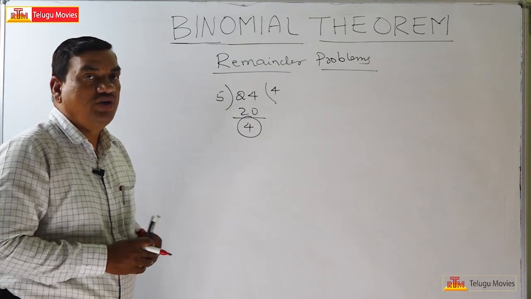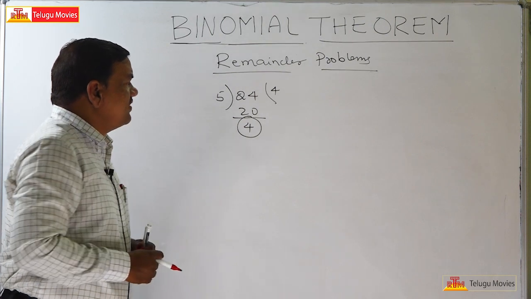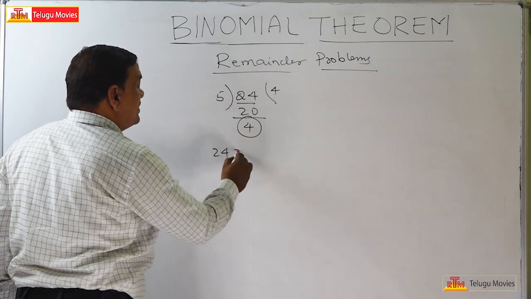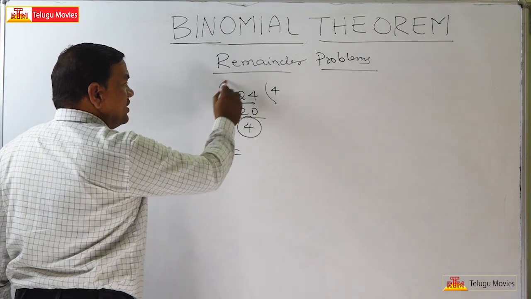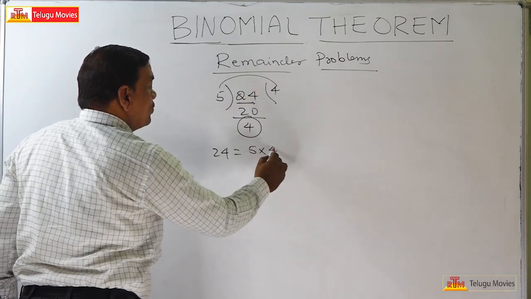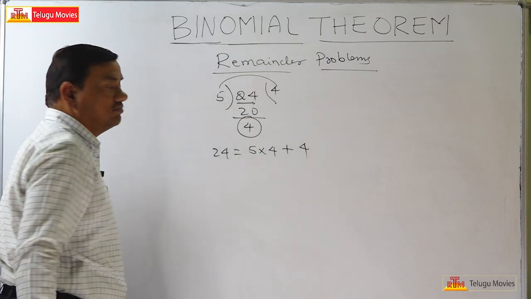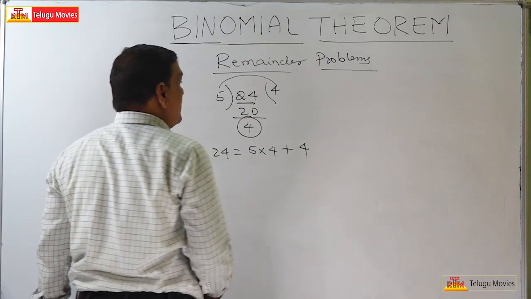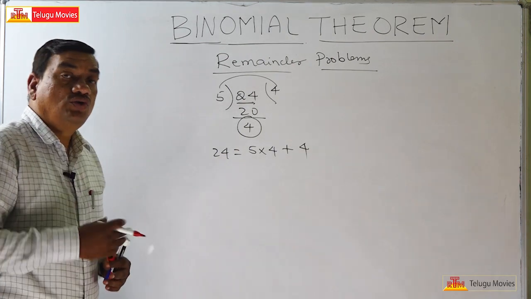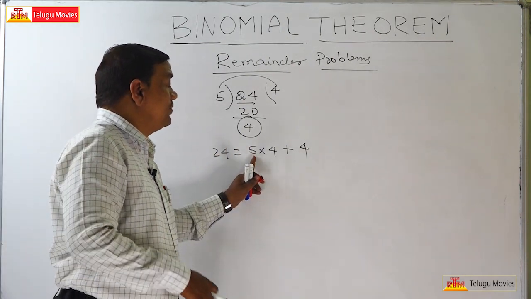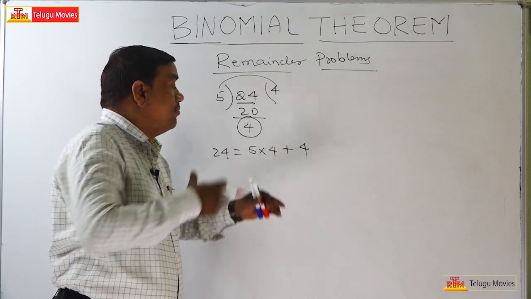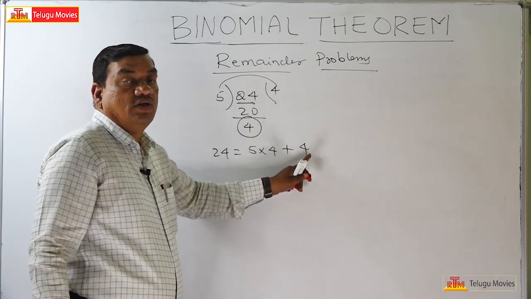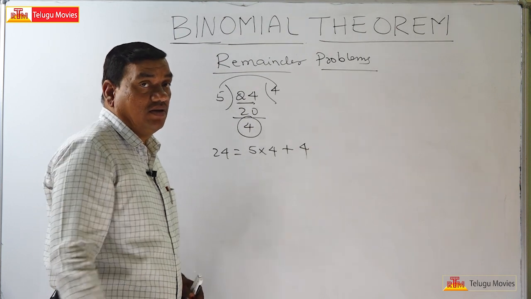4 is a positive integer, a very small number. That means 24 can be written as dividend equal to divisor into quotient plus remainder. If you want to find the remainder of 24, you have to express it as 5 into some integer plus whatever number is less than 5, which will become the remainder.